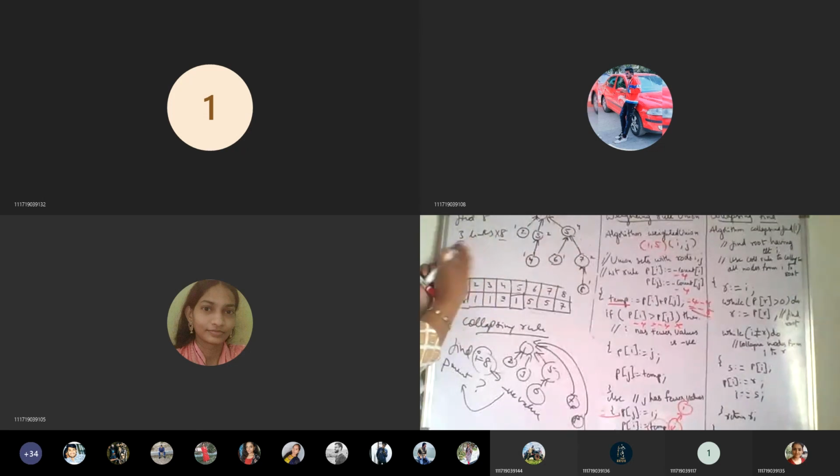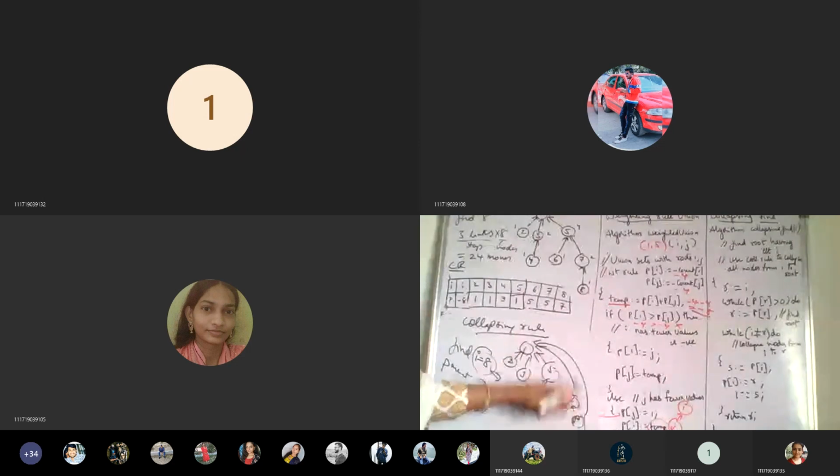And 8 number of nodes. So these are the steps and these are the nodes. So how many are we getting? 3 times 8 is 24. So 24 moves we are getting. But if we do this collapsing rule, what does this mean? In the collapsing rule, what we are going to do is directly connect the leaf node to the root, whoever is the parent.